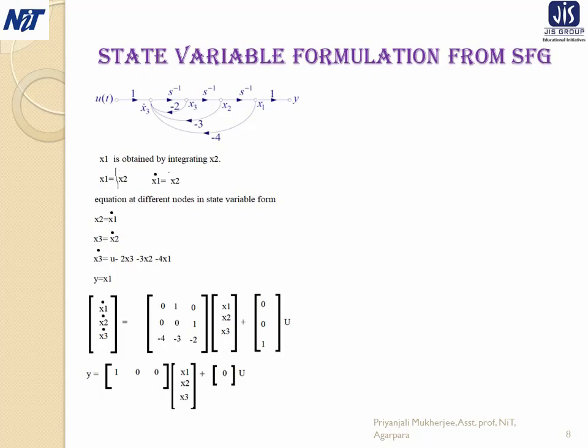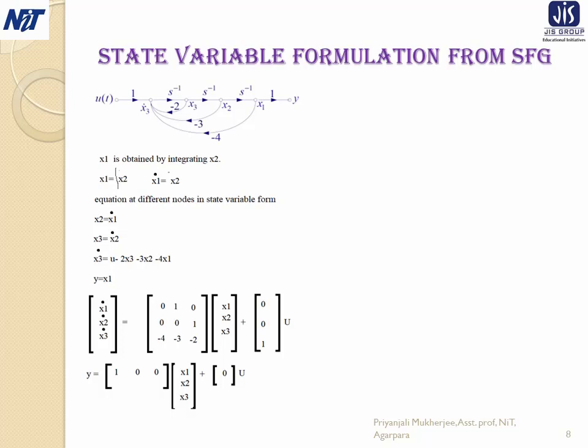So from this graph we can say that x2 is equal to x1 dot and x3 is equal to x2 dot, because after integration of x3, x2 has been obtained. So we can write x1 dot is equal to x2 and x2 dot is equal to x3.